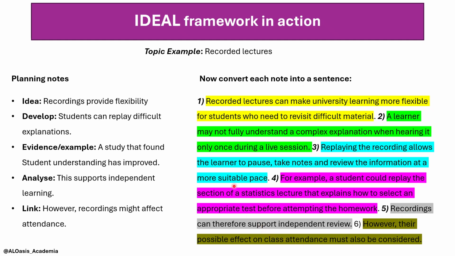As I said, the ideal framework is not fixed at a 5-sentence formula. There can be more than 5 sentences, as long as you develop the paragraph this way: you give the idea, then you develop the idea, then you give some examples in support of the idea, then you analyze the examples you gave, and then you link to the next paragraph. It doesn't matter how many sentences you write, you just need to have this flow.